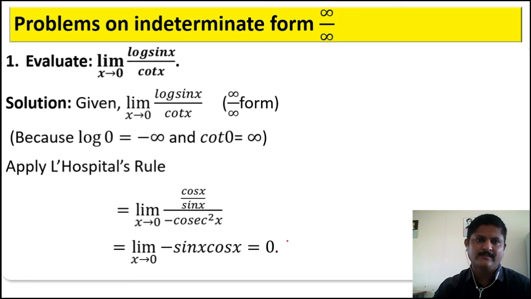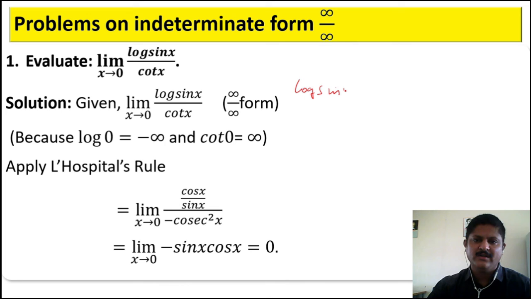Problems on indeterminate form infinity by infinity. Evaluate limit of x tends to 0 log of sin x divided by cot x. Here, log of sin x divided by cot x, put x equals to 0, log of sin 0 divided by cot 0. Log of sin 0 means log 0.